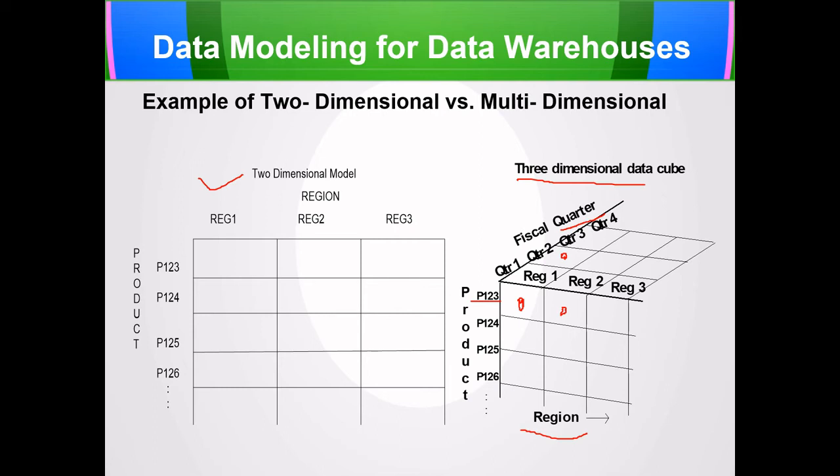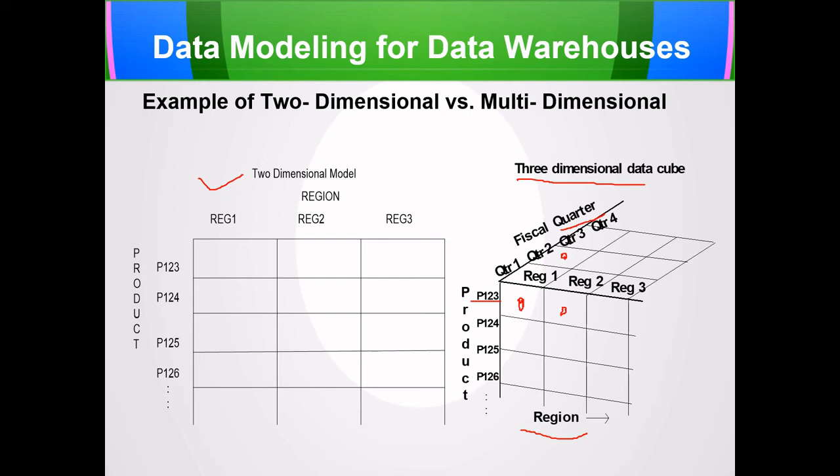Similarly this particular cell will contain the total sale in only quarter 2 for all the products, and which region? Here that is region 1. This particular value will contain the total sale of all the products in region 1 for quarter 1 only, right, and so on. I hope you are clear with this.